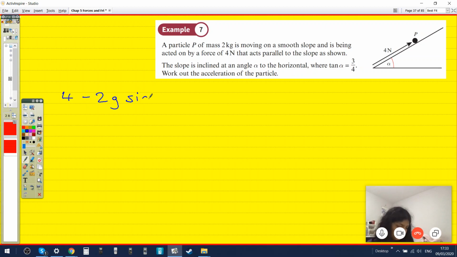If tan alpha is 3 over 4, that means the hypotenuse is 5. So sine would be 3/5. And then you know everything, so you can just solve to find it.